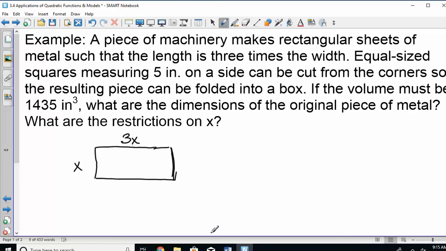Equal sized squares measuring 5 inches on the side can be cut from the corners so the resulting piece can be folded into a box. So they're saying you take a little rectangle, you come in, you cut out every corner, and pretend I can cut evenly without measuring here.